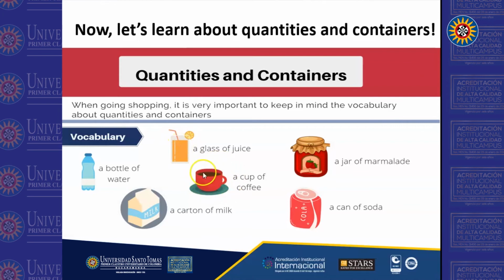A cup. This is a cup of coffee, a cup of tea, a cup of chocolate. This is a carton, right? A carton of milk. And this is a jar of marmalade, a jar of honey, a can of soda, a can of beer, okay?